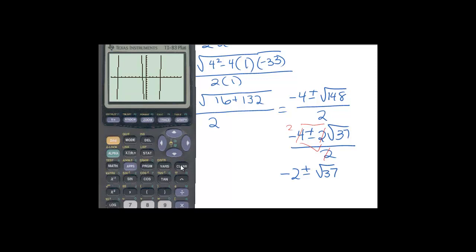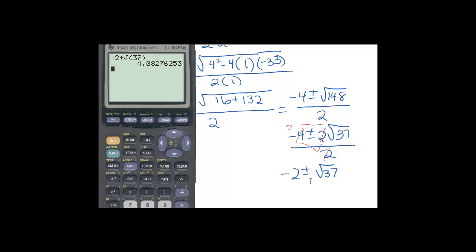So we'll just clear. So I'm entering -2 plus second square root of 37, close your parentheses. And see, there's that 4.08 number.